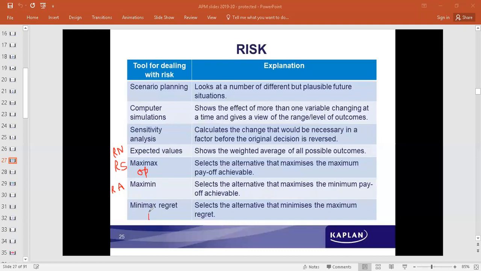Pessimist attitude is taken up by those that see the negative side of a scenario. So people with a pessimist attitude choose minimax regret. They are also risk averse. They look at the regret which is associated with the alternatives not chosen.